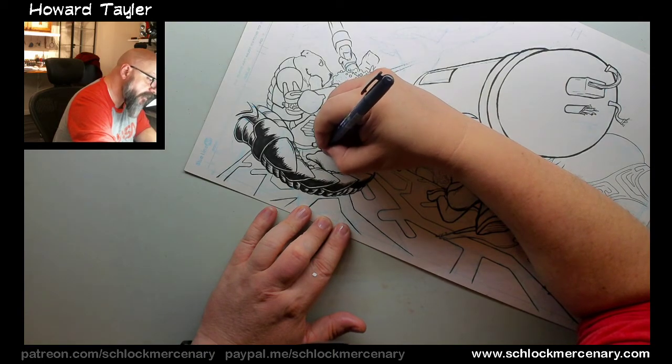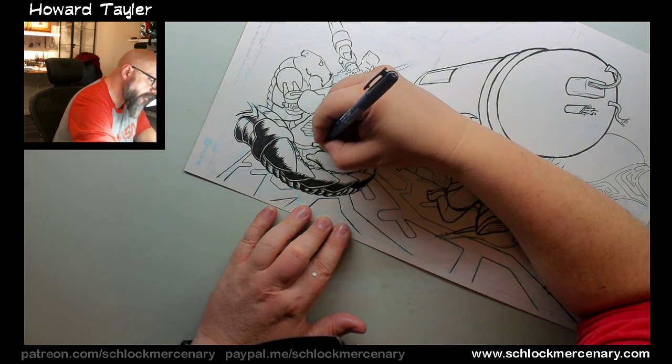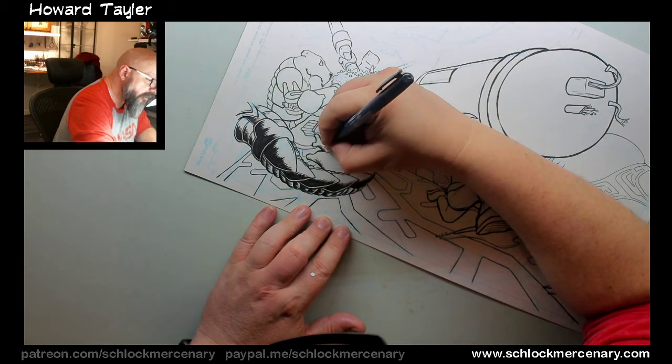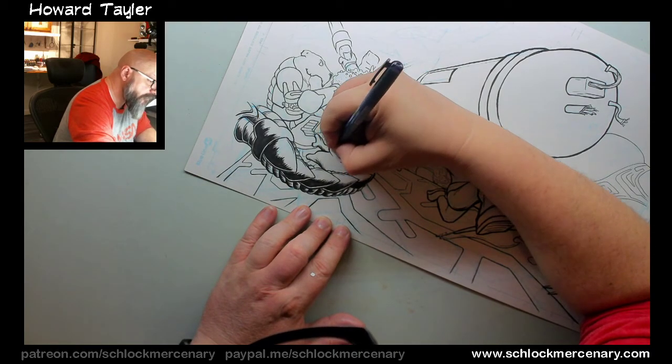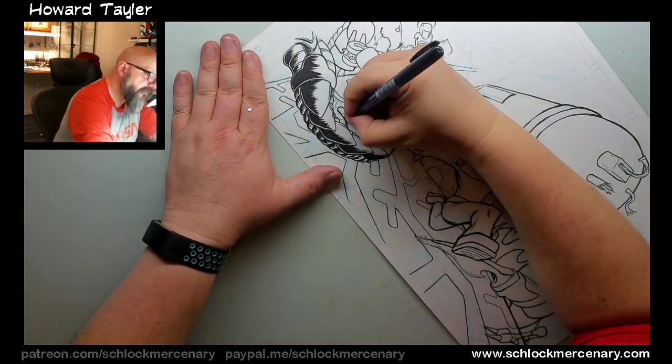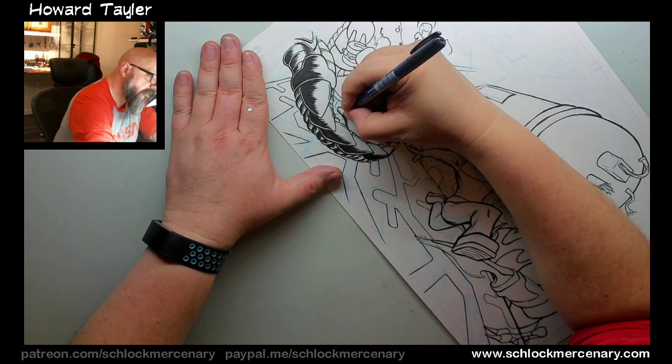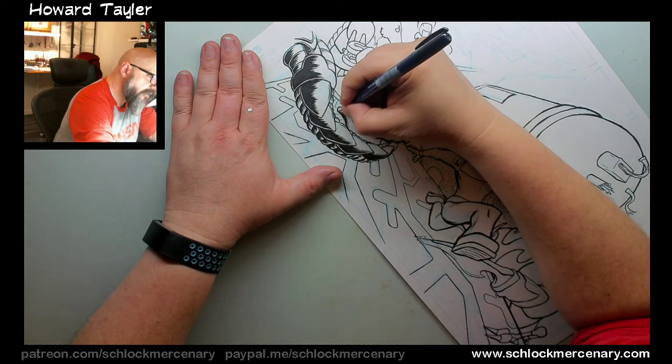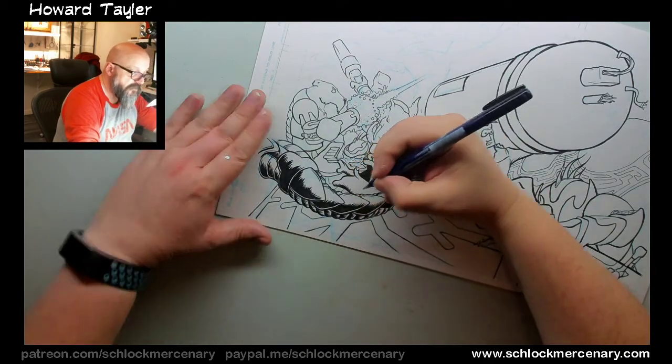Okay, let's shade Schlock. I'm putting ink on top of whiteout from where I had to fix his hand.